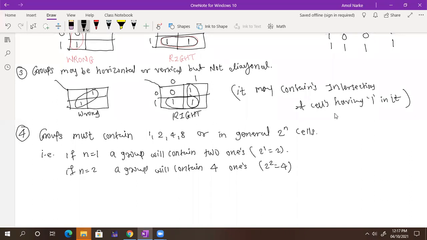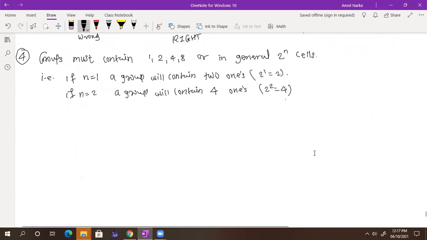I will try to draw it in 2 by 2, and in 3 by 3 also, so you realize. For 2 by 2, suppose you have 1 here, 1 here, 0 here, 0 here, and this is my one group. We have A, this is for B, here 0, 1, here 0, 1. So this is nothing but a group of 2.